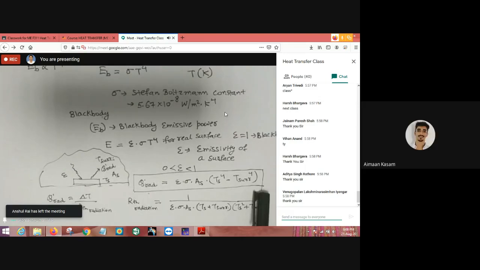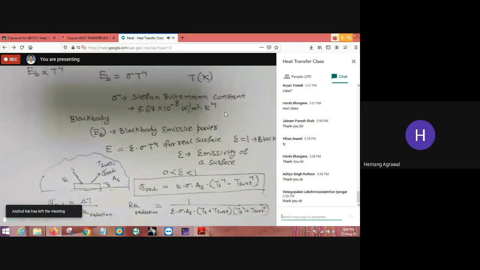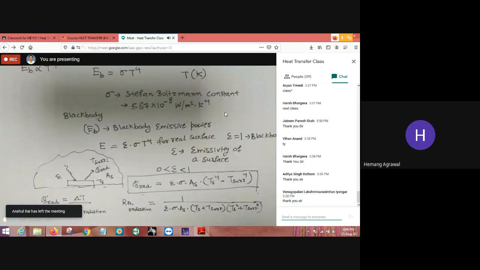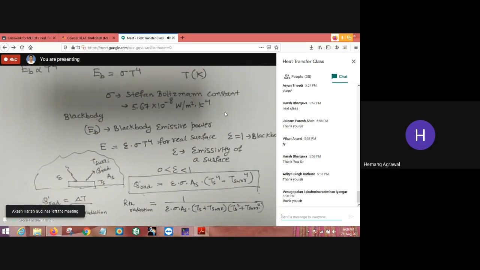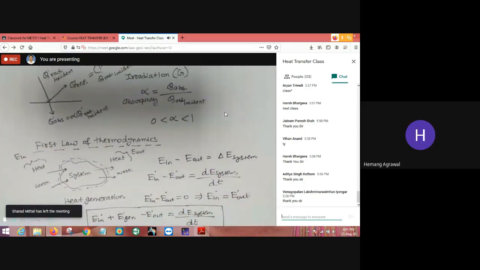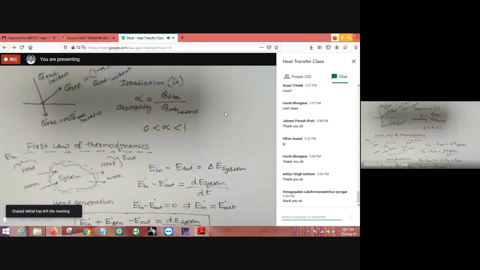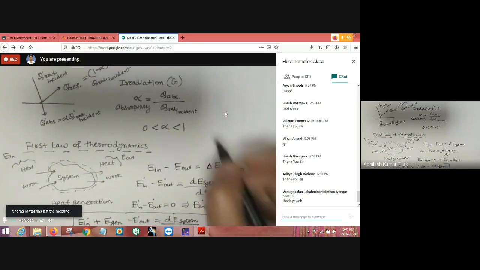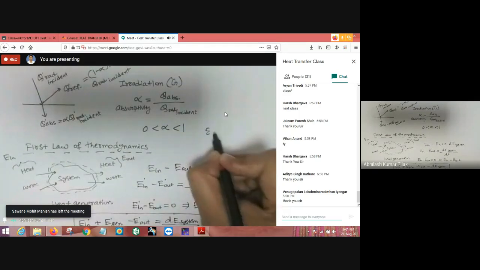Sir, is there any relation between epsilon and alpha? The epsilon in the Stefan-Boltzmann law and alpha in the irradiation. According to Kirchhoff's law, epsilon is equal to alpha.